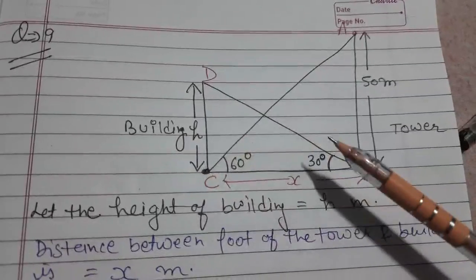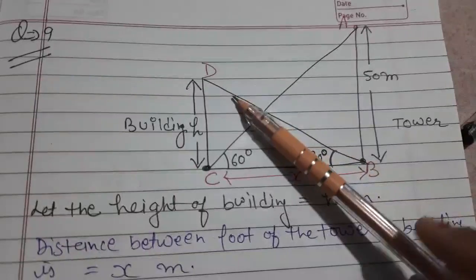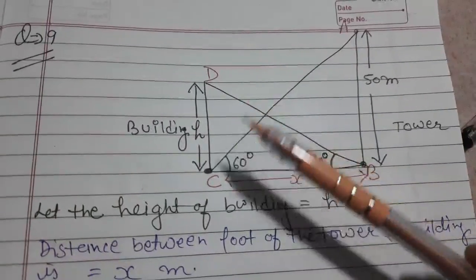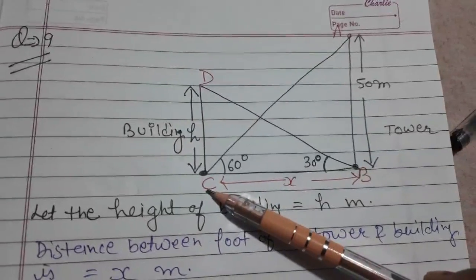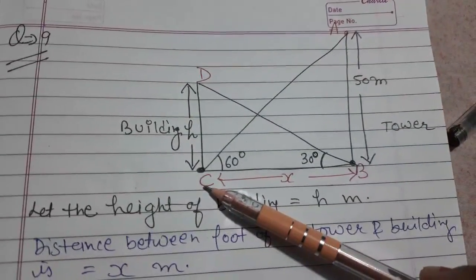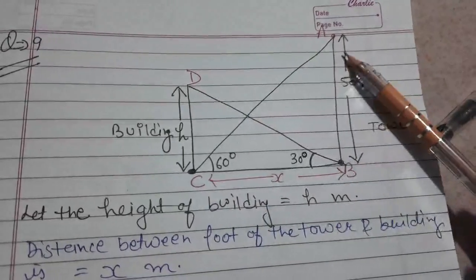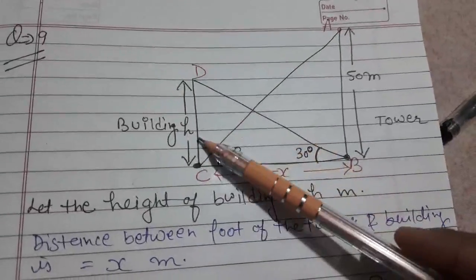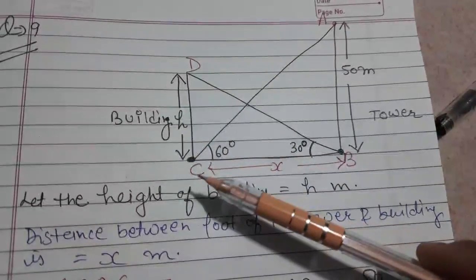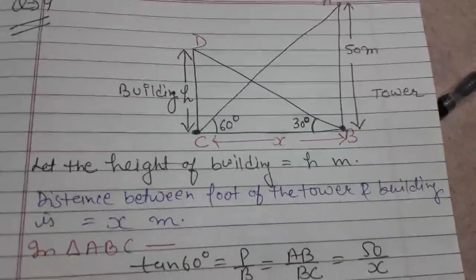The angle of elevation from the foot of the tower to the top of the building is 30 degrees, and from the bottom of the building the angle of elevation of the tower is 60 degrees. We consider the height of the building as h and the distance between the foot of the tower and the building as x.